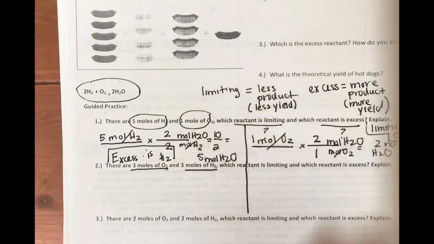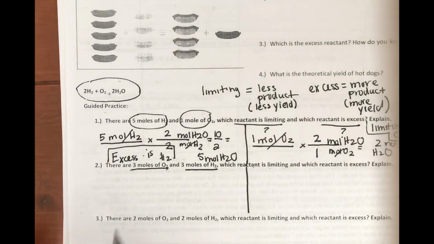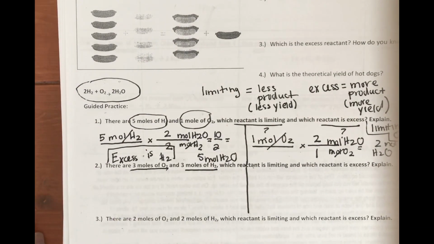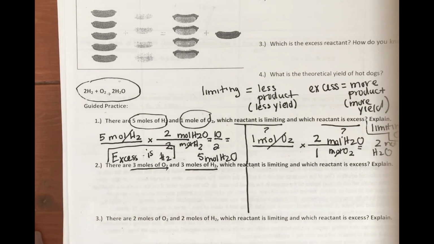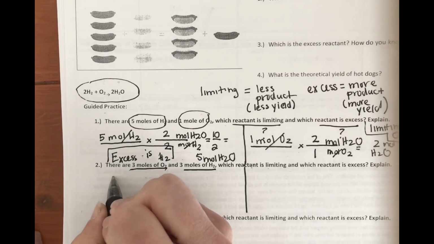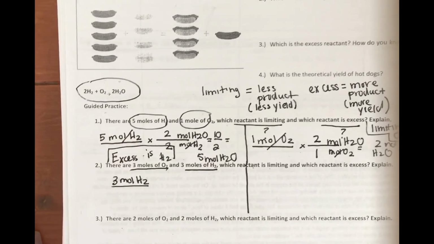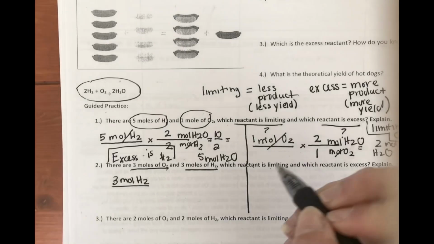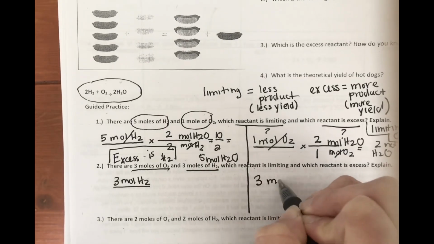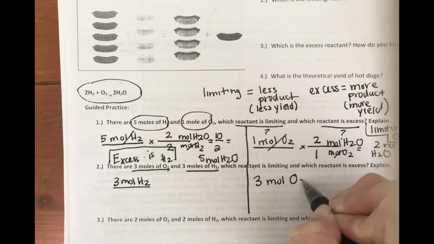So again, I'm going to draw my line. And just to keep it consistent, I'll keep my moles of H2 on this side, though it doesn't really matter. So I have 3 moles of H2 on that side, and I have 3 moles of O2 on this side.